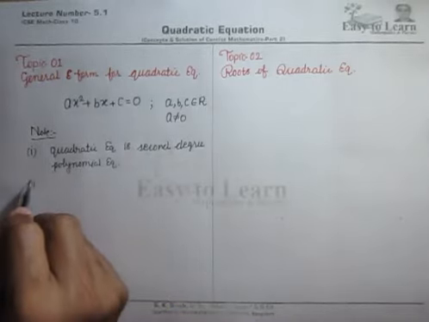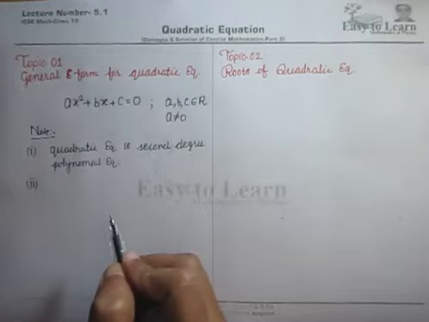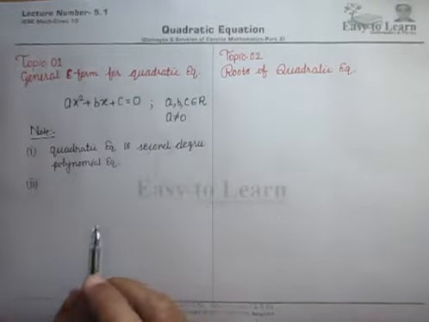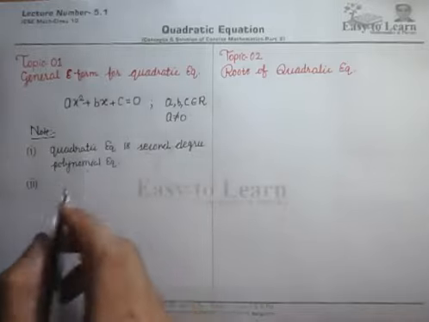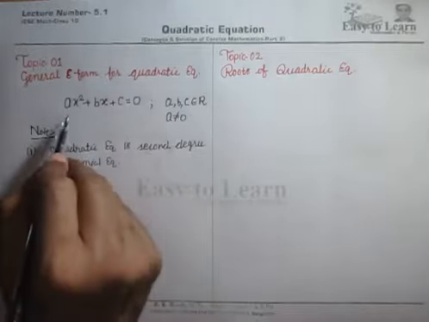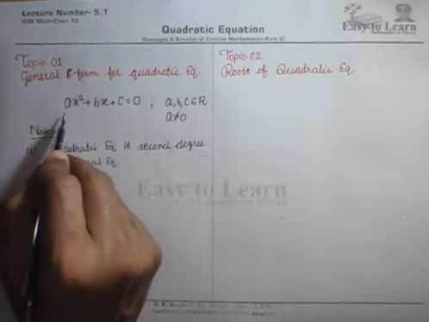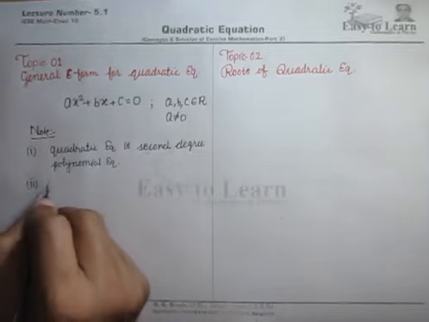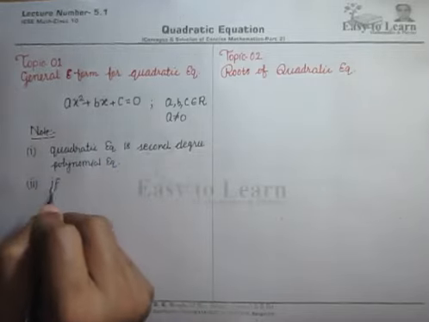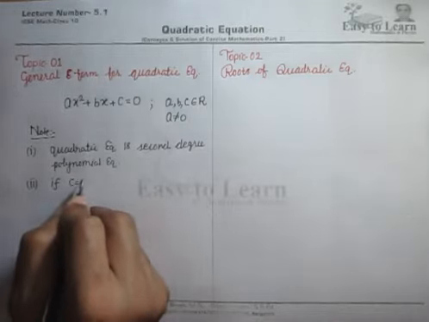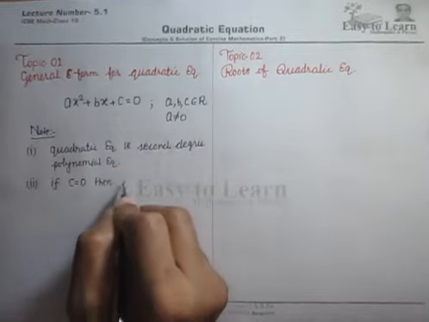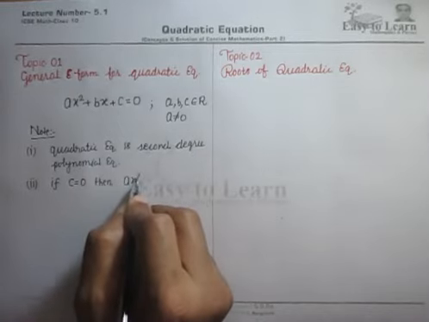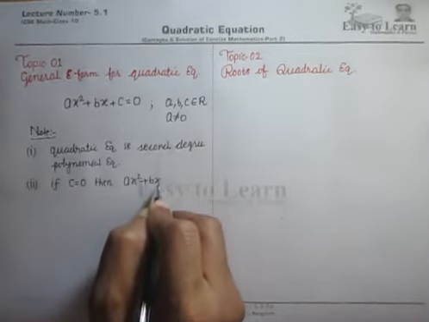Second, let me take another point. In a quadratic equation a cannot be 0, b and c may be 0. So if c is 0, then the equation ax square plus bx is equal to 0.